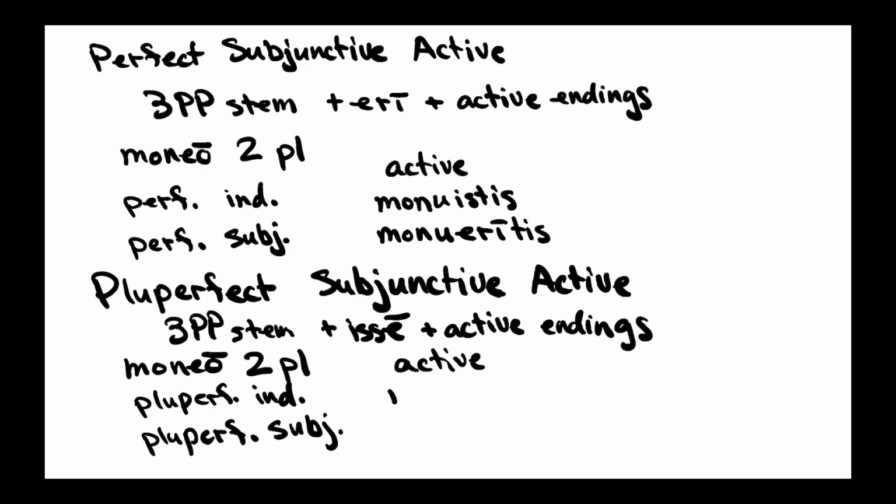Okay. So remember, for that pluperfect indicative, you're taking the third principal part and then you are putting an imperfect to be verb on it, right? So it's plusquam perfectum. It's more than perfect, right?